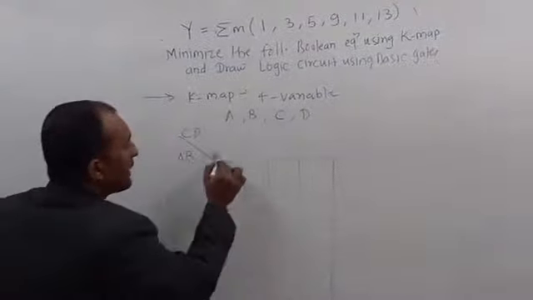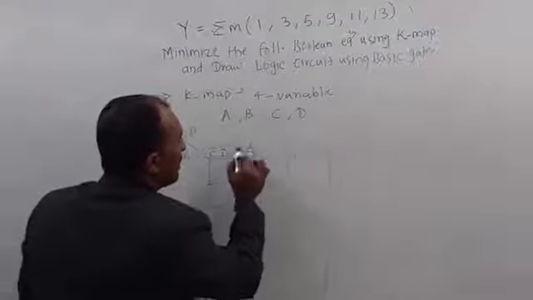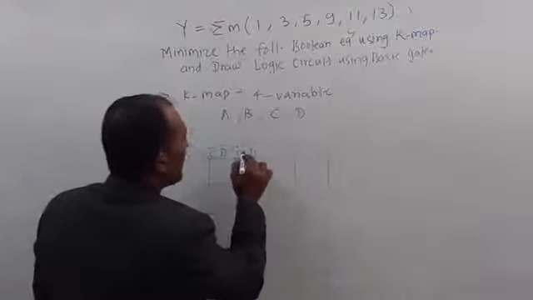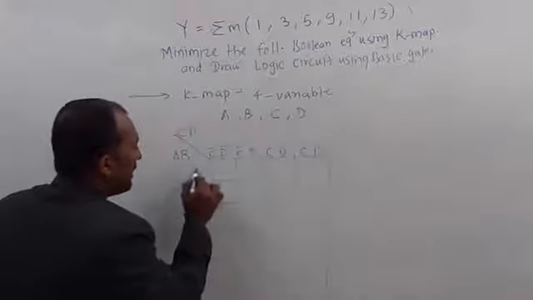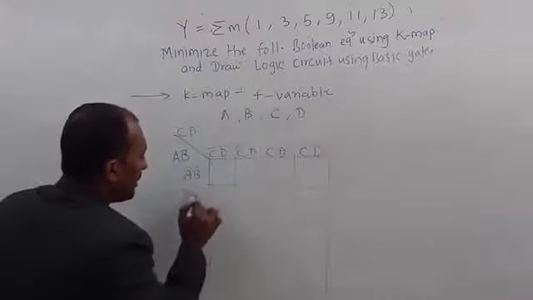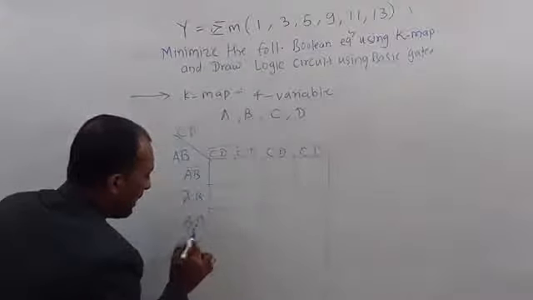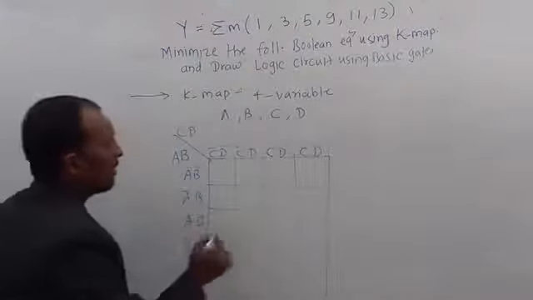So we can write C bar D bar, C bar D, CD and CD bar. Same for A bar B bar, A bar B, AB and AB bar.